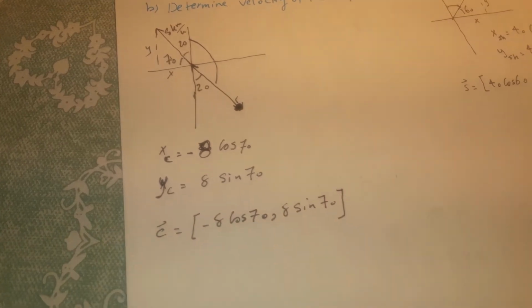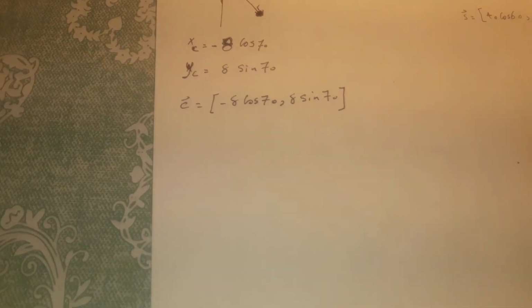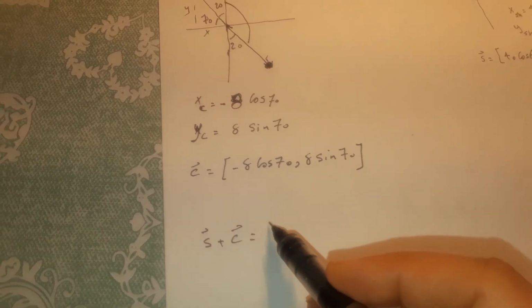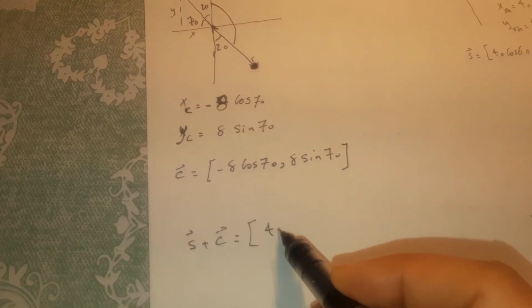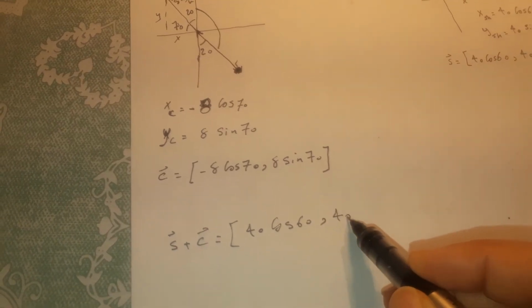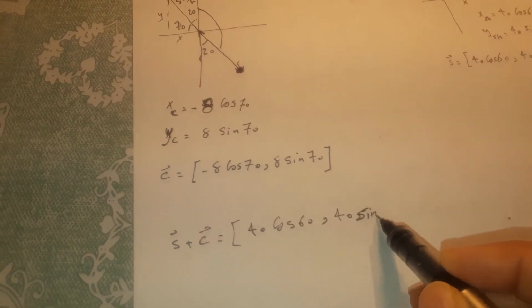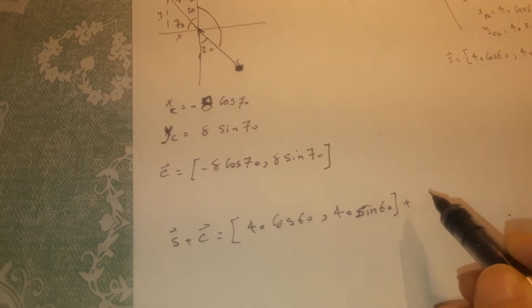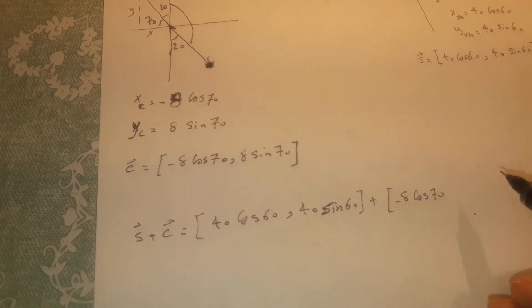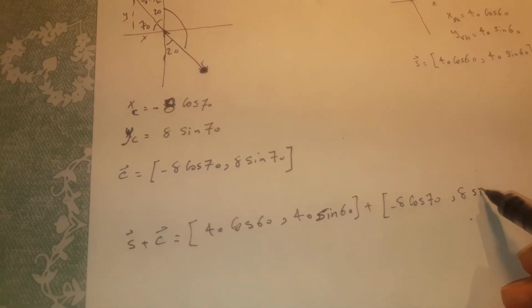Now I want to see the result, what I see from the shore. So of course you have to add these two vectors. This is simple. The first one is (40 cosine 60, 40 sine 60) plus (negative 8 cosine 70, 8 sine 70).